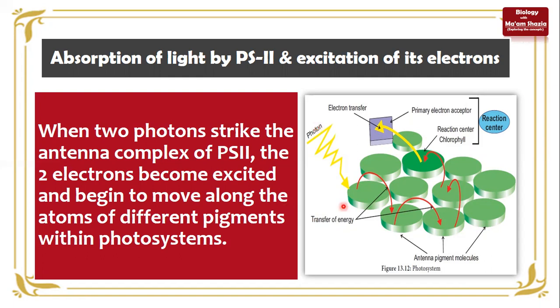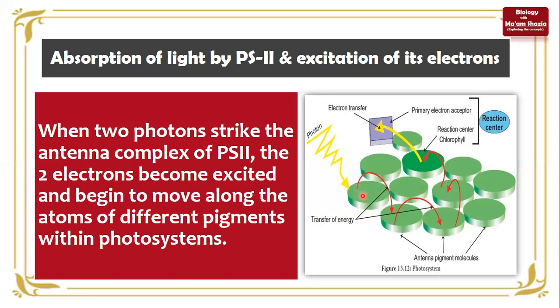It strikes the electrons present in the outermost shell of the chlorophyll molecule. By doing this, these electrons get energy from the sunlight and get excited. Because of this much energy, these electrons are unable to sit in this green circle. They try to move, but as there is no electron acceptor there, they are unable to move from this point.